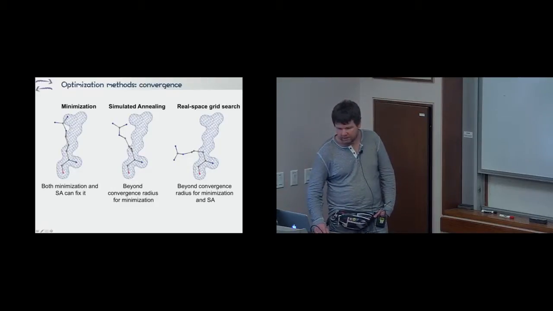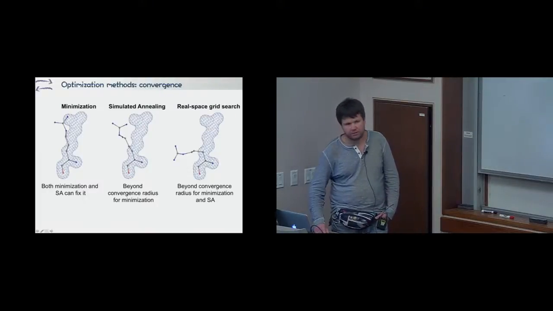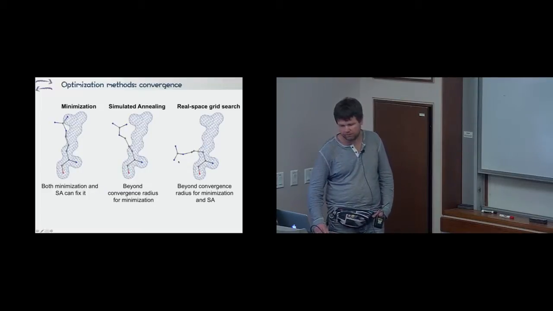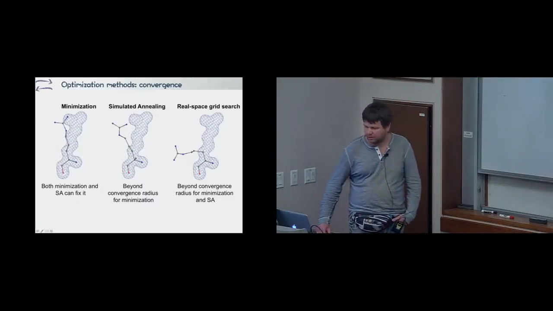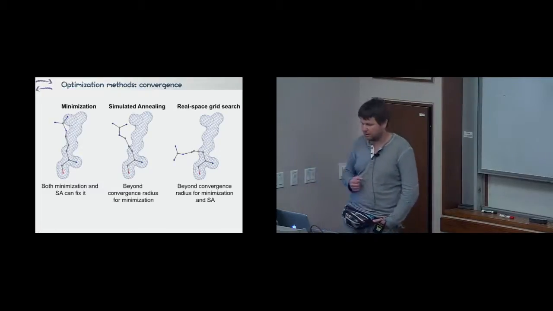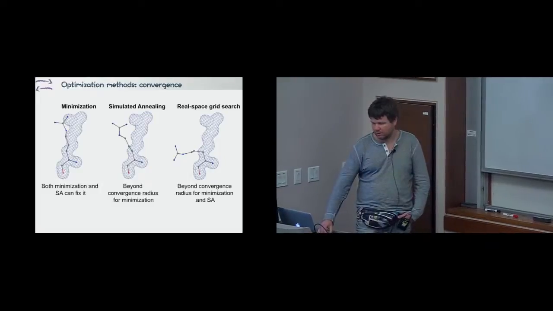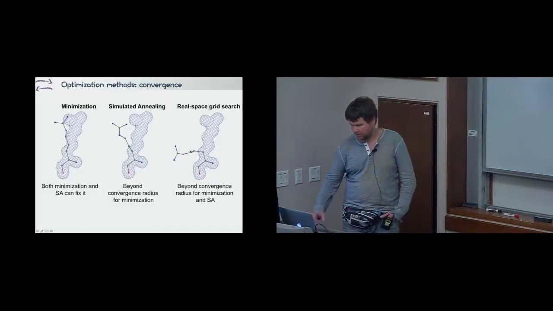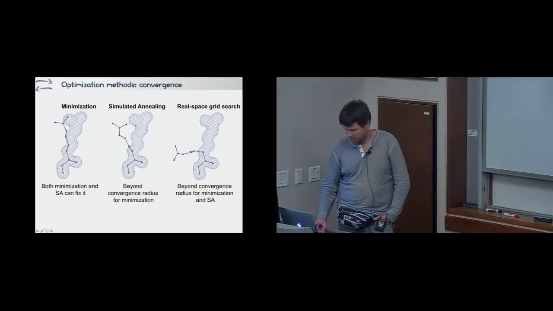If you have something like this, then it's very unlikely that minimization will be able to pull the side chain into the density, while there's a great chance that simulated annealing will do that. And in a difficult case like this, it's very unlikely that minimization and simulated annealing will build into the density, while grid searches, systematic sampling of chi angles, will do the trick and put it into the density.